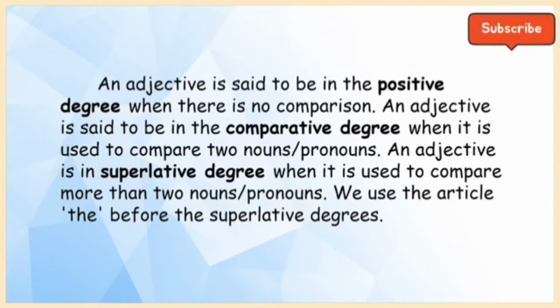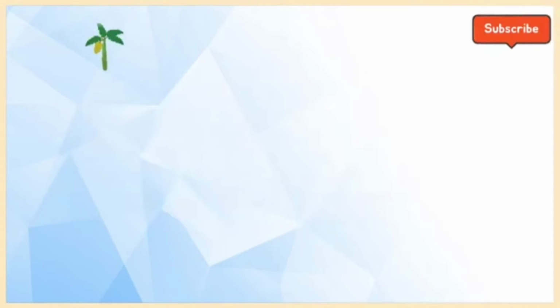An adjective is said to be in the comparative degree when it is used to compare two nouns or pronouns. An adjective is in superlative degree when it is used to compare more than two nouns or pronouns. We use the article "the" before the superlative degrees. Let us study examples.